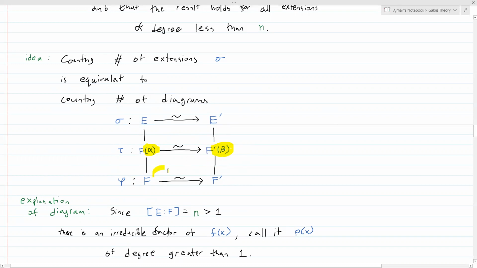In the case where f equals f prime, and this is the identity, we're going to look at extensions between F adjoin alpha and F adjoin beta, where beta may be another root of the same polynomial, but they're still going to be distinct fields, right?